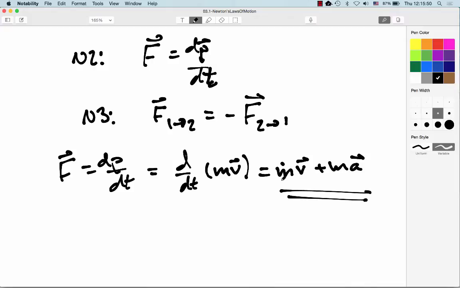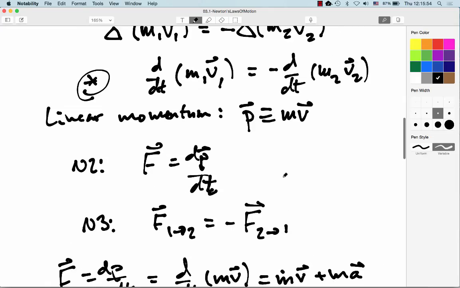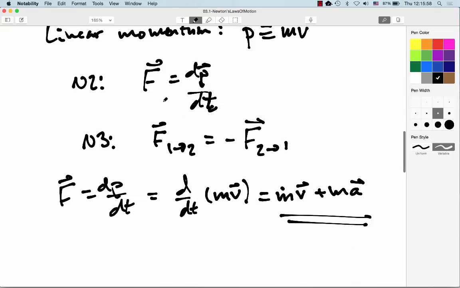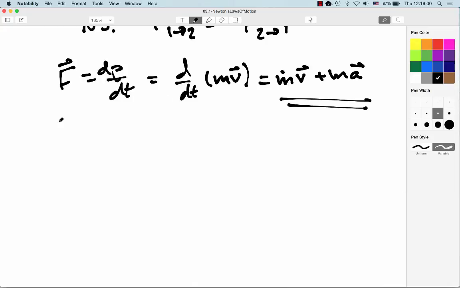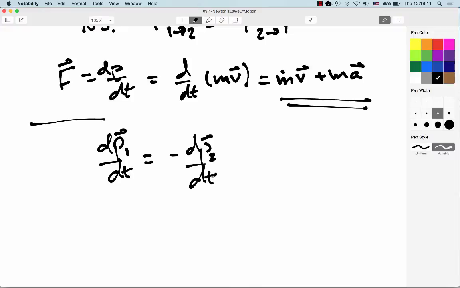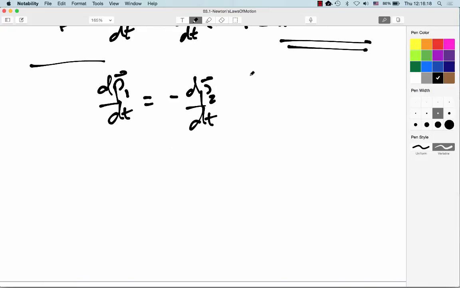Okay, now if we go back to our recoil, the result from our recoil definition of mass, one of the things that we got is that dp1/dt is equal to minus dp2/dt. So we had that as the third law, but now let me just rearrange this. Let's add dp2/dt to both sides.